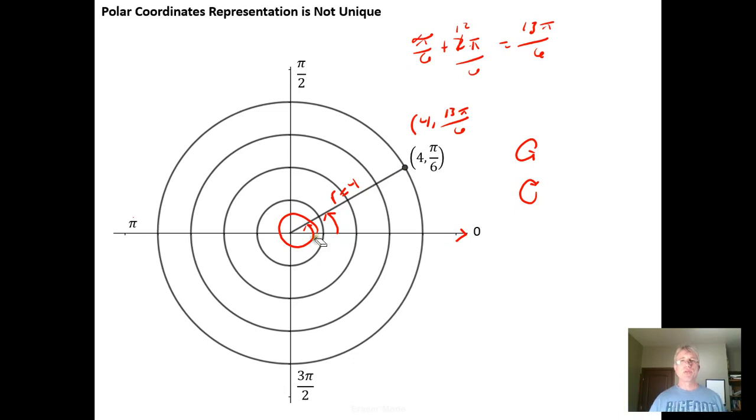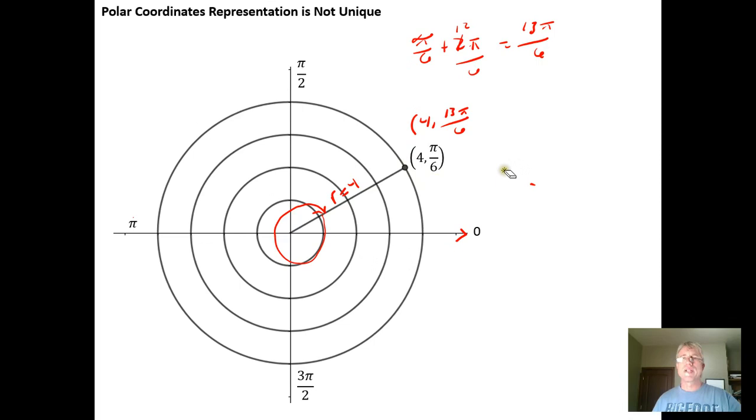We could also rotate the opposite direction. So if I started at pi over 6 and I subtracted 2 pi, I could rotate around and have a negative angle representing that point. Because there are infinitely many angles coterminal with pi over 6, this isn't going to have a unique representation.